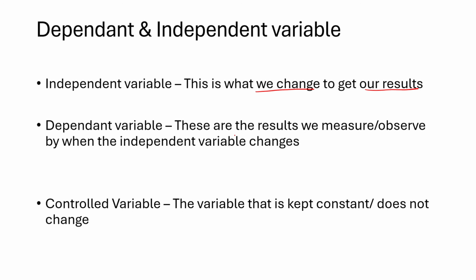The dependent variable is those results that we get after we change something. It is always affected by the independent variable, because we change something in the independent variable so that we can get the results. The results are known as the dependent variable.